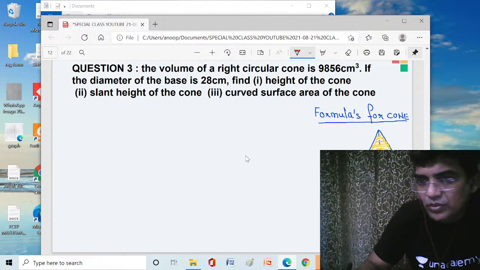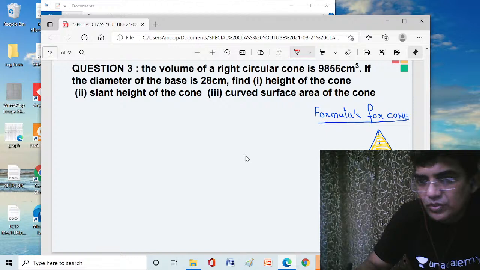Now as I told you, it has two surfaces, circular and curved. So the formula for curved surface area is pi r l. If they ask you to find the total surface area, then to the curved surface area you will add the area of this circular base, pi r square.